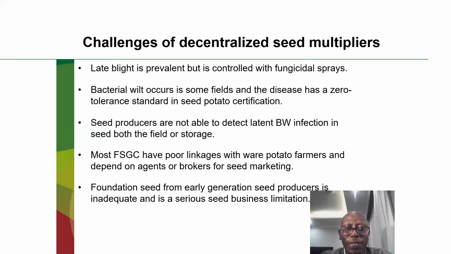It was also evident that most farmer seed group cooperatives have poor linkages with ware potato farmers and depend on agents or brokers for seed marketing, and therefore they end up getting lesser return from their effort than they would actually get. And it was also clear that foundation seed from early generation seed producers is very inadequate and a serious bottleneck to seed potato business growth.